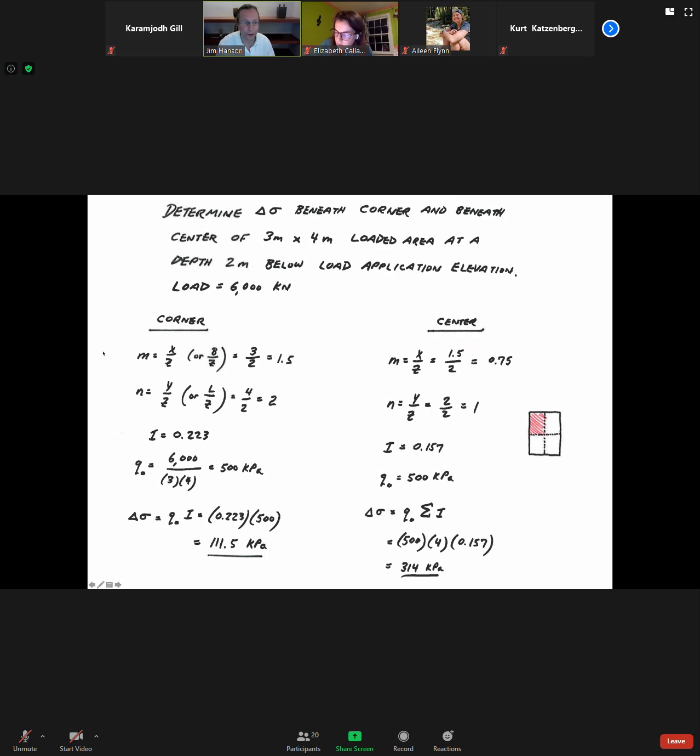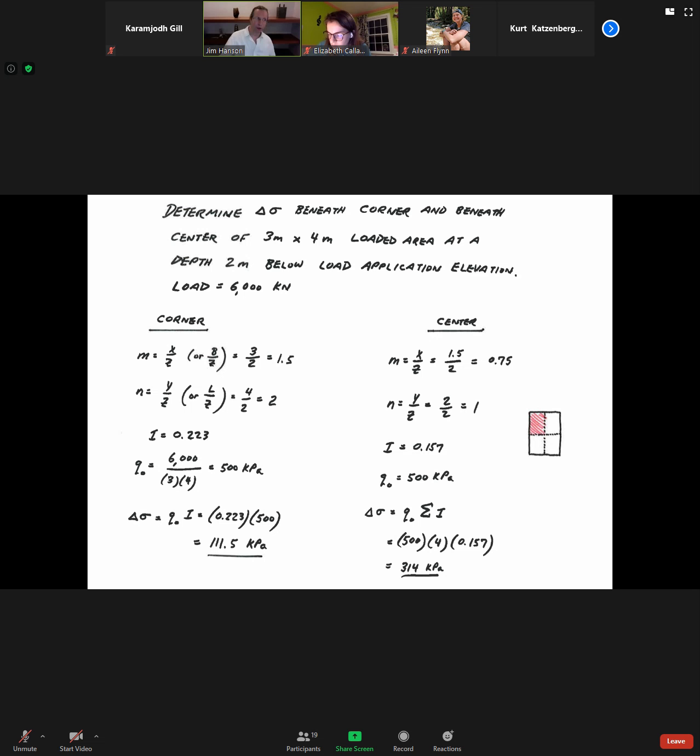Are there questions on determining the stress beneath the corner of a loaded area using that M and N chart? So when you're saying corner, are you talking about just a quarter of the foundation, or the very corner of the foundation itself?